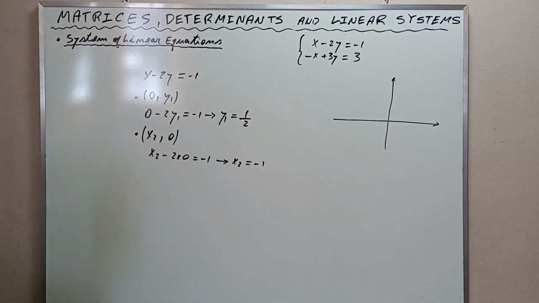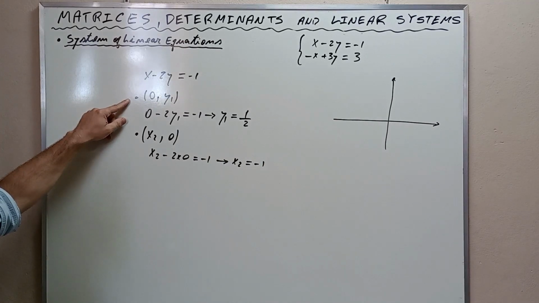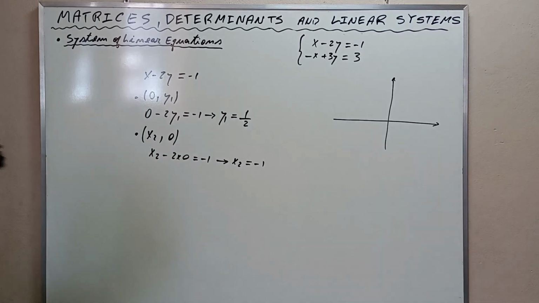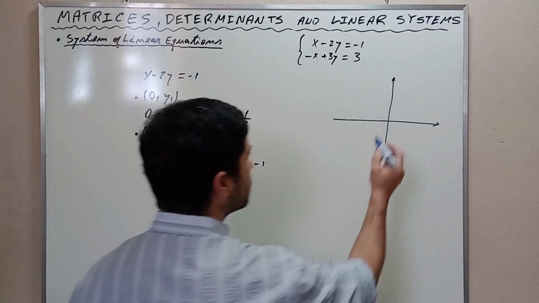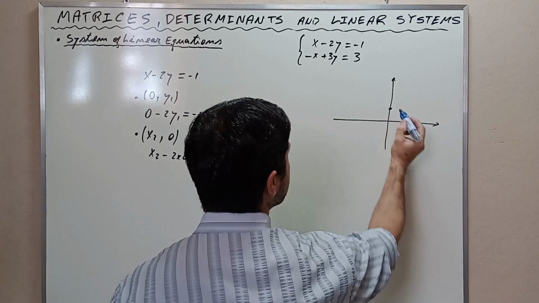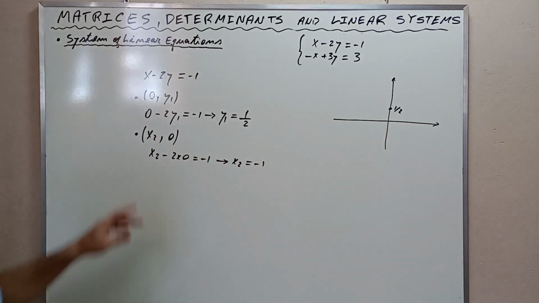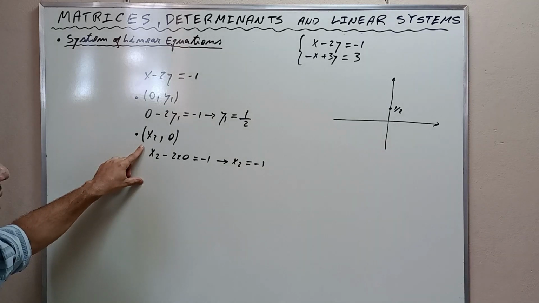For the point the line intersects the y-axis, x is 0 and y is a half. And for the point the line intersects the x-axis, the y is 0 and the x is -1.